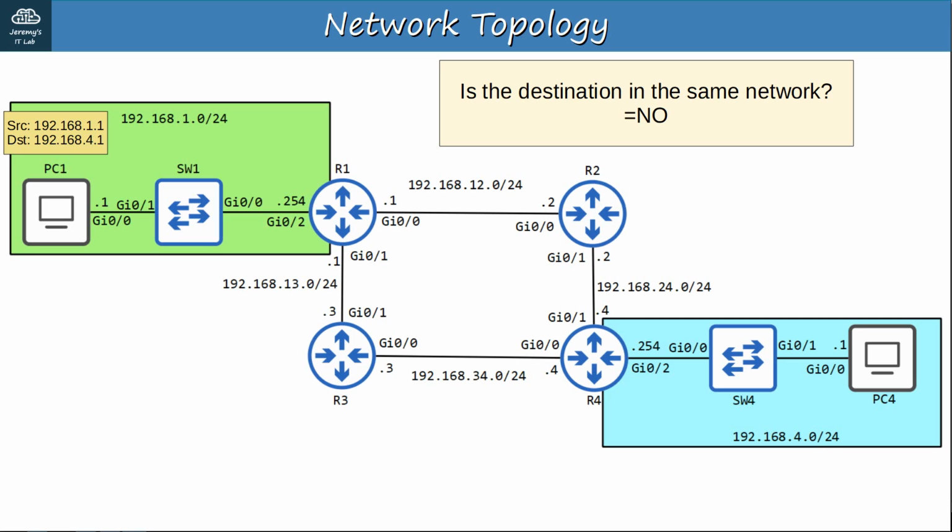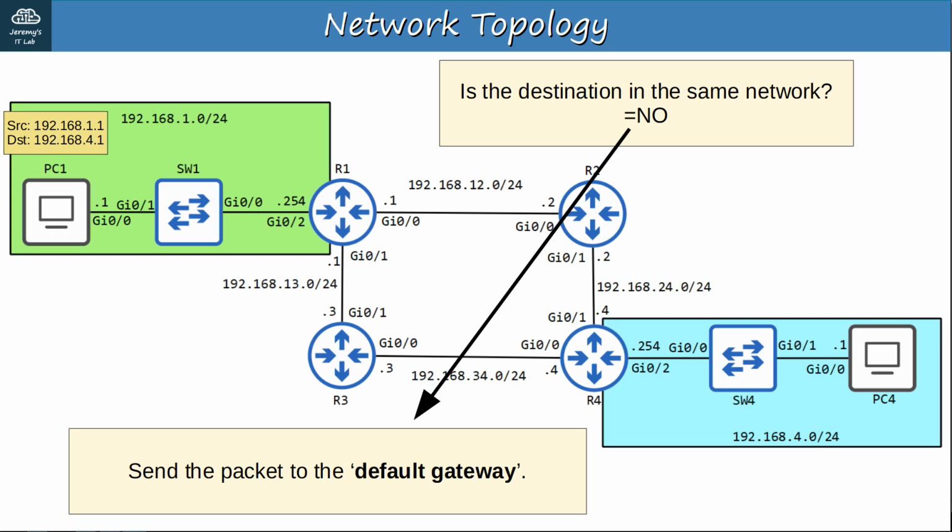So, because the destination is in a different network, a different LAN, routing logic tells PC1 to send the packet to the default gateway. The default gateway is the device to which the host, in this case PC1, will forward data that is destined for another network. What do you think PC1's default gateway is? The answer is R1.